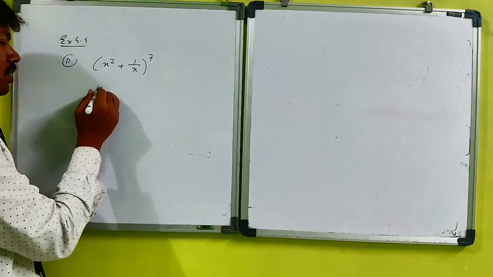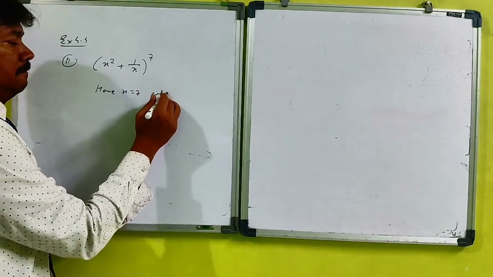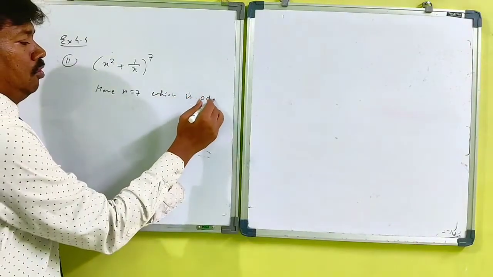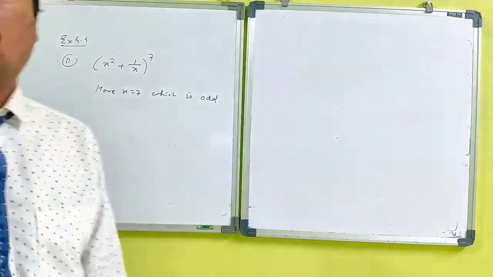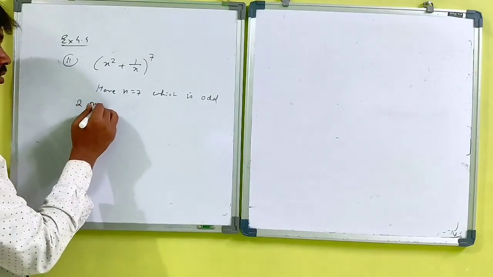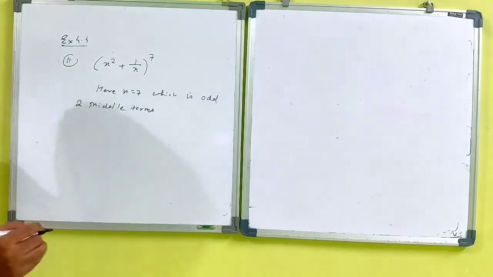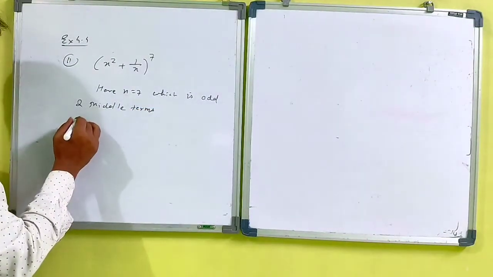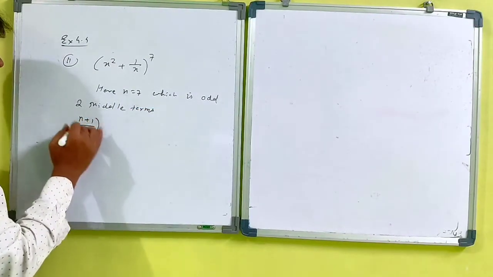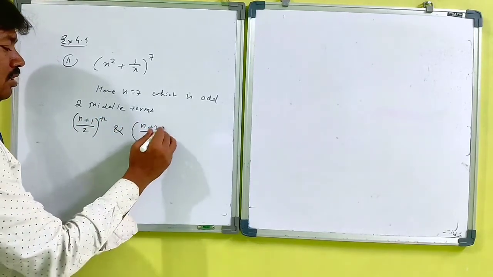So here n is equal to 7, which is odd. When n is odd, there are two middle terms. And what are the two middle terms here? They are (n plus 1) upon 2 and (n plus 3) upon 2.